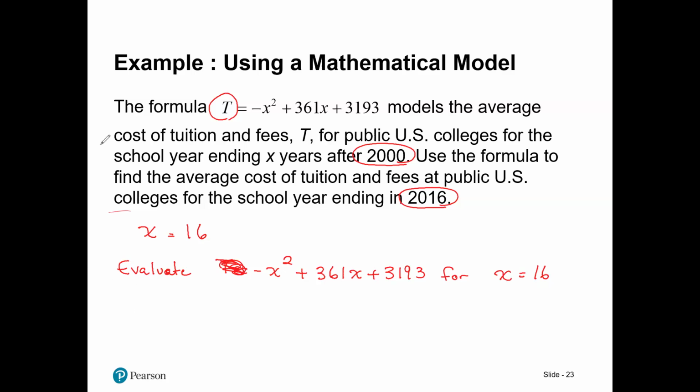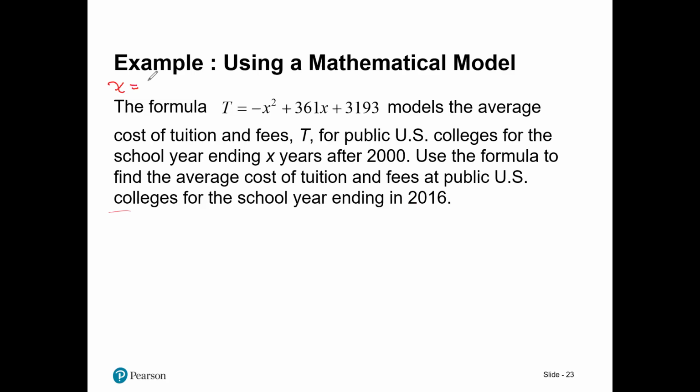Let me erase all this. So we said x is 16. So all we need to do is not worry about T, which is what we're trying to find. We have negative. This negative is not included in the square, it's outside of it. So it's negative, and it's just 16 that is squared, plus 361 times x, which is 16, plus 3,193.